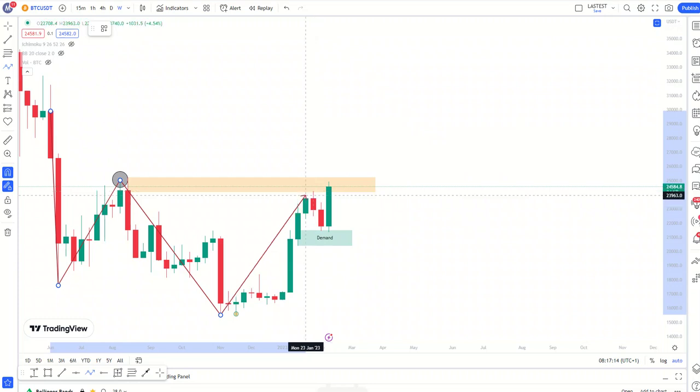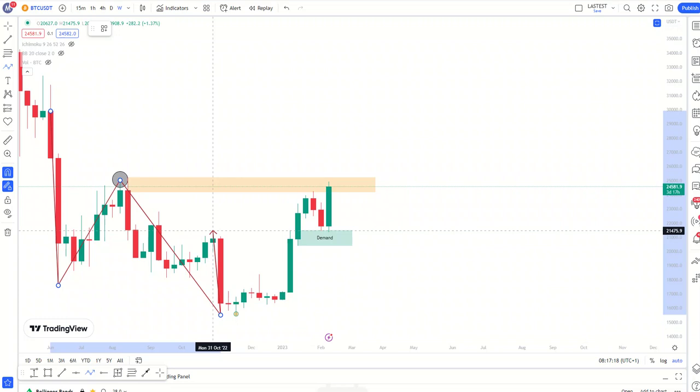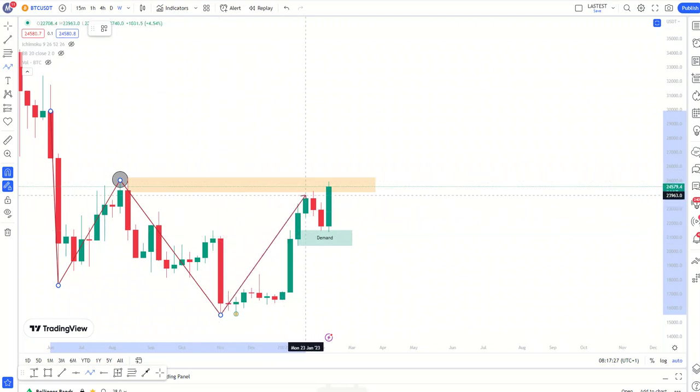Do you understand me? During the process of the minor range, price broke this high, but this high is not a major high. This is the major high to be looking at, where price is currently. If you understand structure very well, I guess you understand what I'm saying.